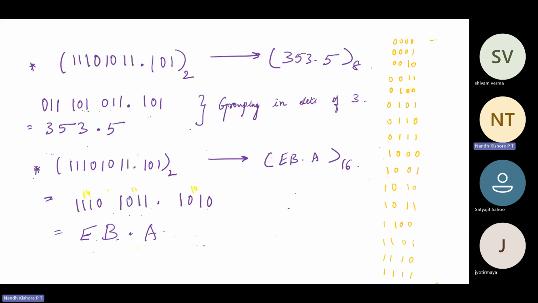Okay. So 0, 1, 2, 3, 4, 5, 6, 7, 8, 9, 10, 11, 12, 13, 14, 15. So you know that from 10, it is called A, B, C, D, E, and F. So that is how we have sorted it out. 1110 is E, number 14. 1011 is B. Okay, fine. So this is about number systems. That is how you convert.